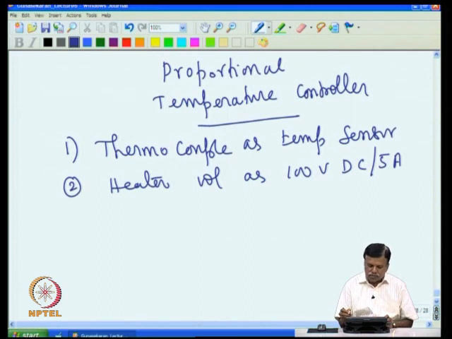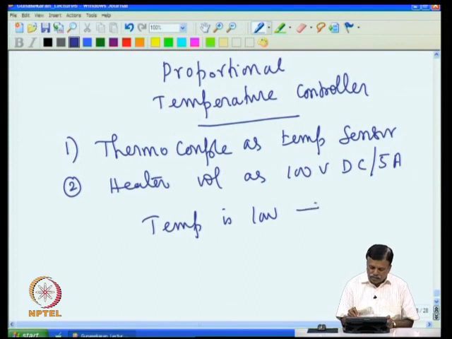We will make a proportional temperature controller, because if you see the on-off temperature controller, there the controller was working basically like this: if the temperature is lower than the set temperature, then the heater is on.